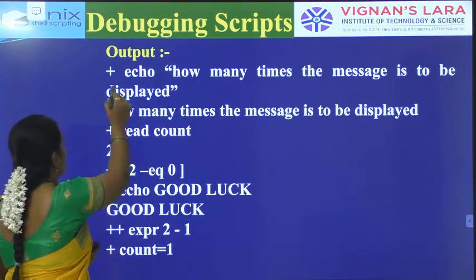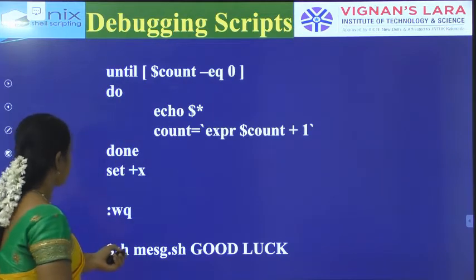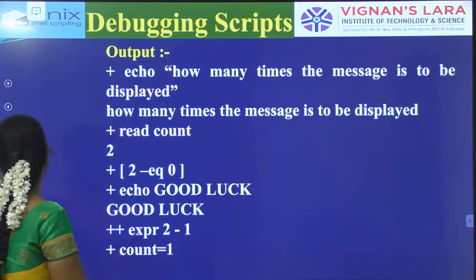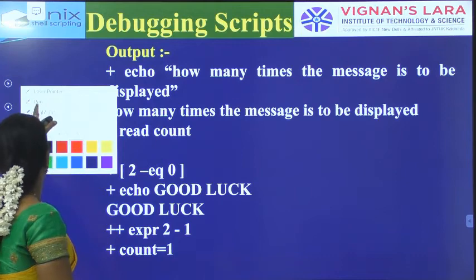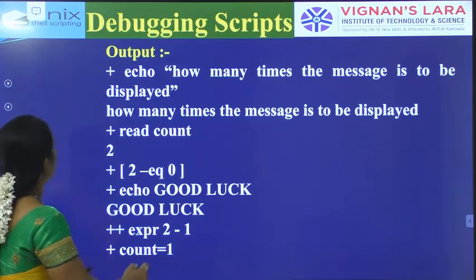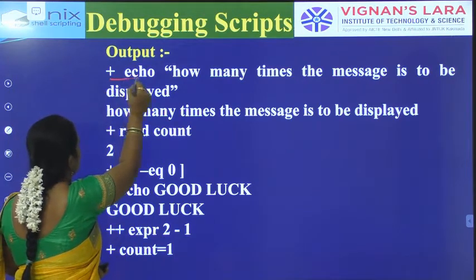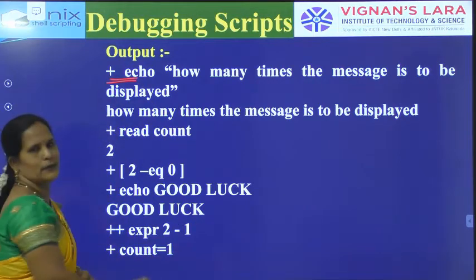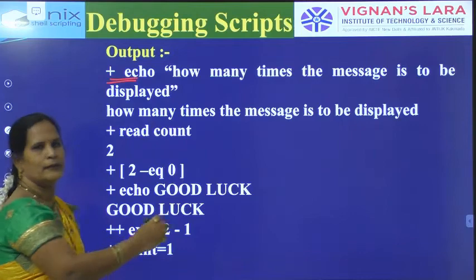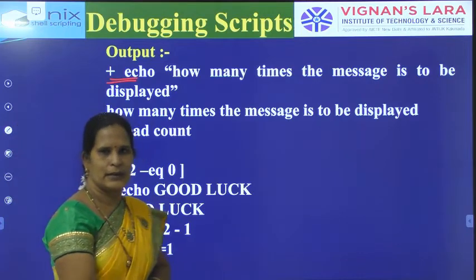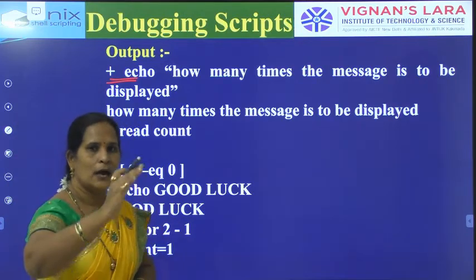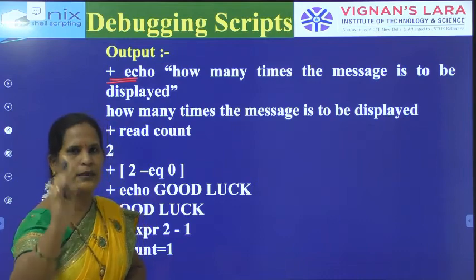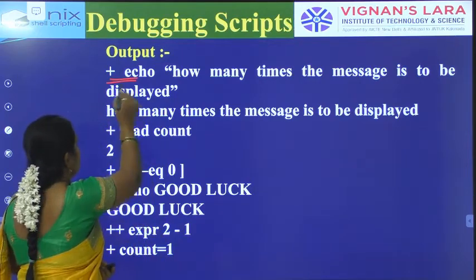Okay, first one, plus. First this statement is going to be executed, that's why it is going to display plus. The first line within our shell script is echo space how many times the message is to be displayed, which means it is going to be executed.